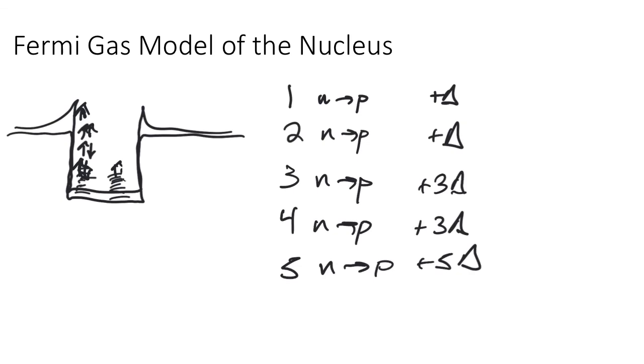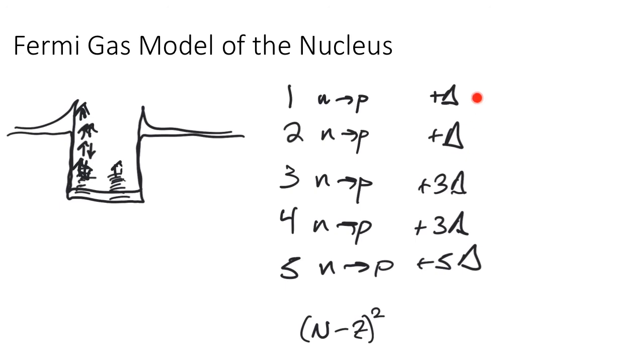And notice for these odd ones, the first one gets changed by 1, the third one gets changed by 3, the fifth one gets changed by 5. That's saying that the more I change, the more I have to change at the same rate. And so that means that I should definitely expect there to be an energy cost of N minus Z squared.